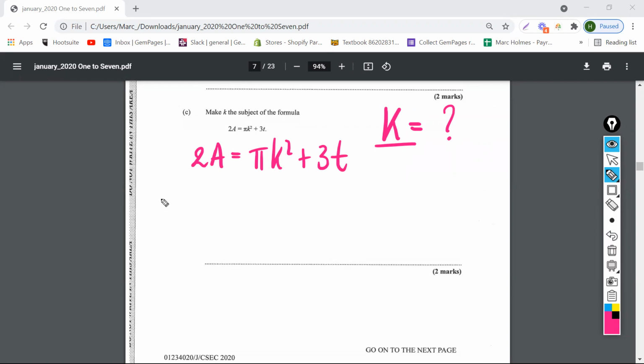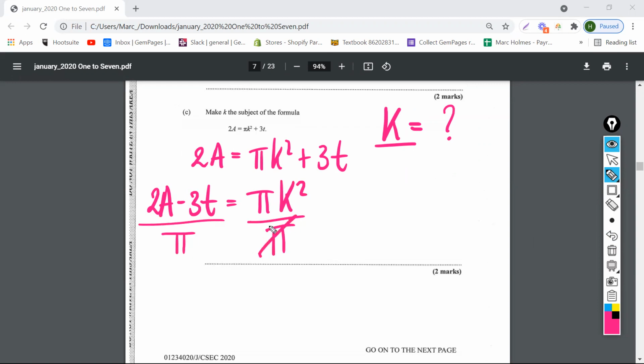So we're going to end up with 2a minus 3t is equal to pi K squared. Then we're going to divide both sides by pi to get rid of the pi. So we're going to have 2a minus 3t over pi is equal to K squared.